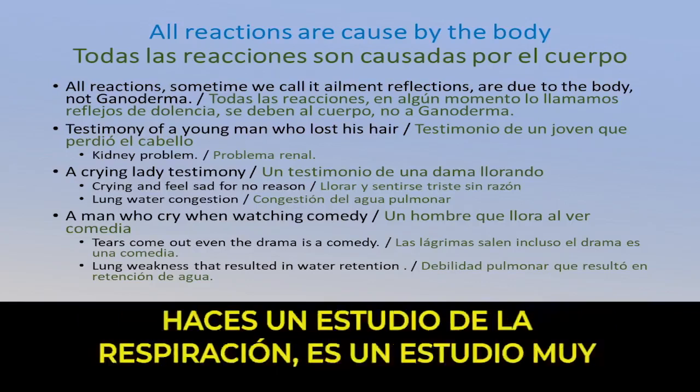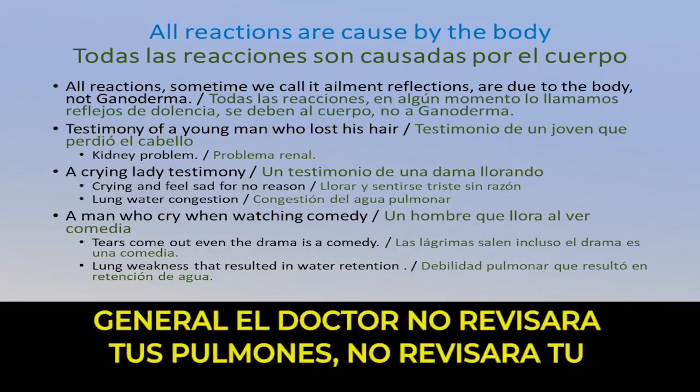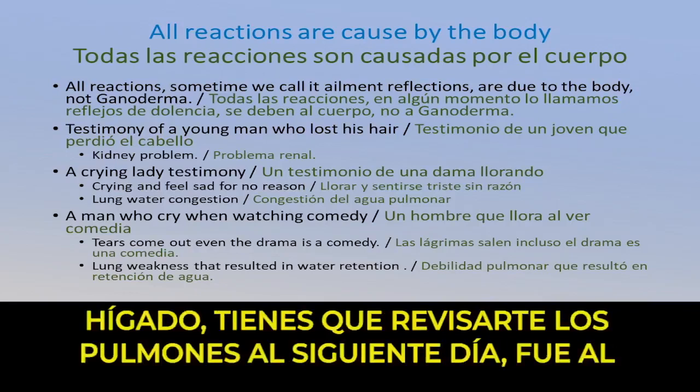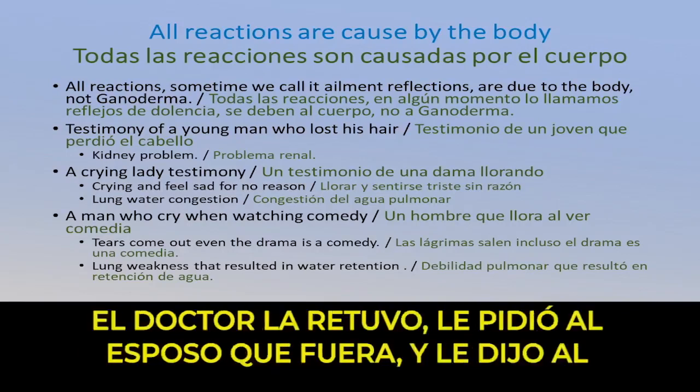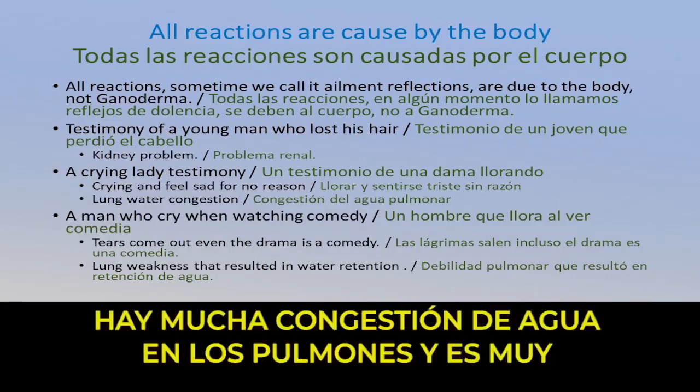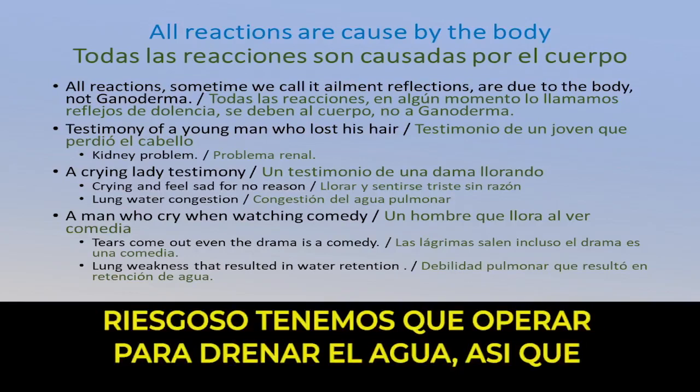I said, a blood test is a general test. The doctor will not go into your lungs or your liver. You must go and check your lung. So the next day she went to the hospital and checked the lung, and immediately the doctor retained her and asked the husband to come. The doctor told the husband there was a lot of water congestion inside the lung and it was very risky, so an operation was needed to drain out the water.